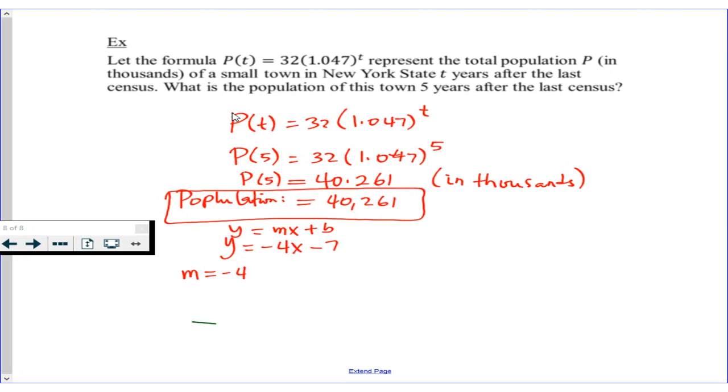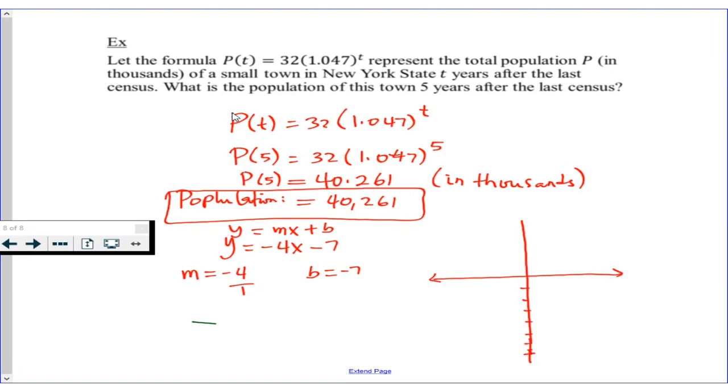So you go down by 4 and over 1. So technically -4 is -4 over 1. And b is -7. So when you draw it, you start from -7 somewhere here. 1, 2, 3, 4, 5, 6, 7, somewhere here.